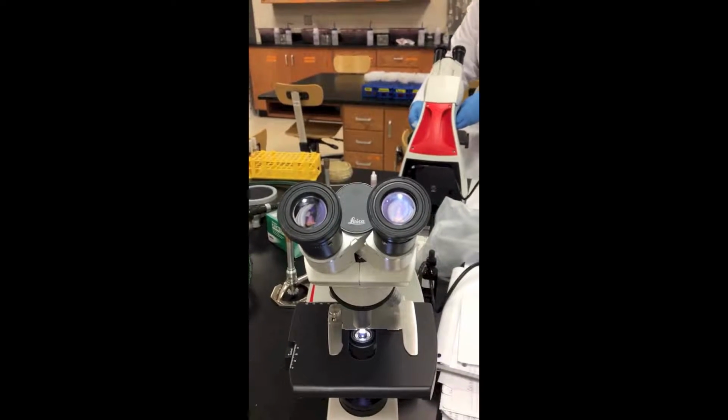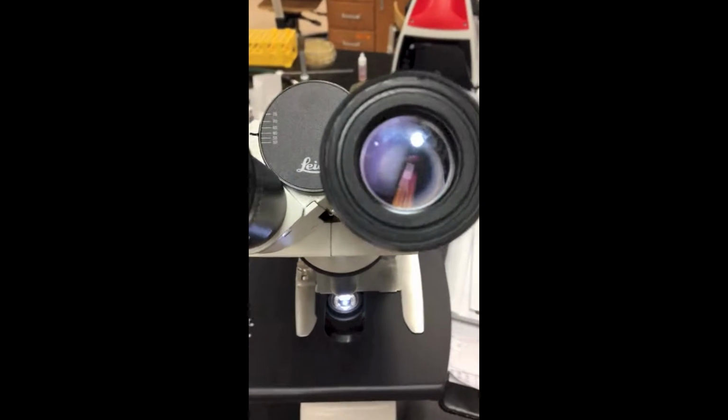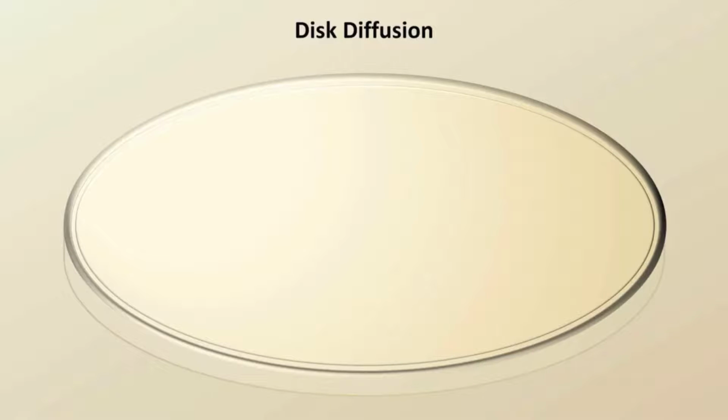Now let's take a look at what antibiotic resistance looks like in the eyes of a microbiologist. Here we have a petri dish that is covered with a bacterium. We then placed pieces of paper that were soaked in different antibiotics on the surface of the bacteria.